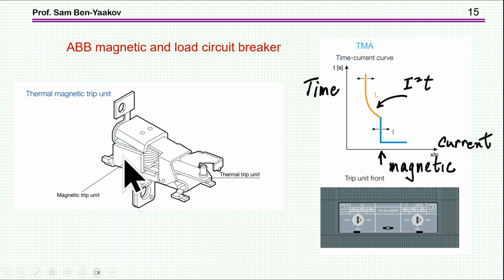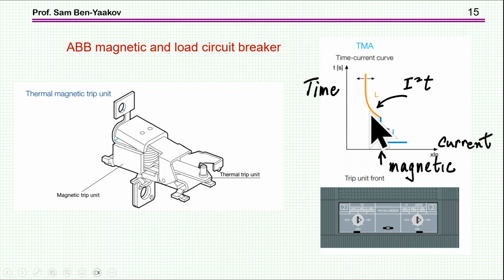On the other hand, we have here a thermal trip, and that is a slab which is heated up by the current, and the heating is a function of I2t. So this is a load measure rather than the current measure. And when the I2t reaches a certain point, it'll trip. And here is the description that they have here. This is the magnetic tripping, which will be at the high current.